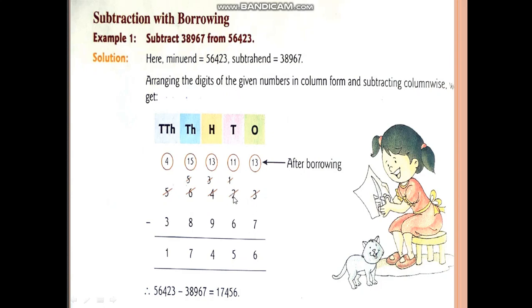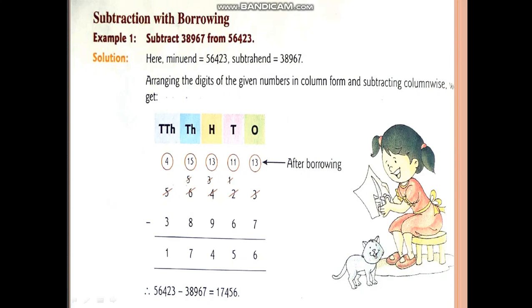When I take 1 from that number, the 2 becomes 1, and the 3 becomes 13, because 1 ten is equal to 10 ones. That's why this happens.